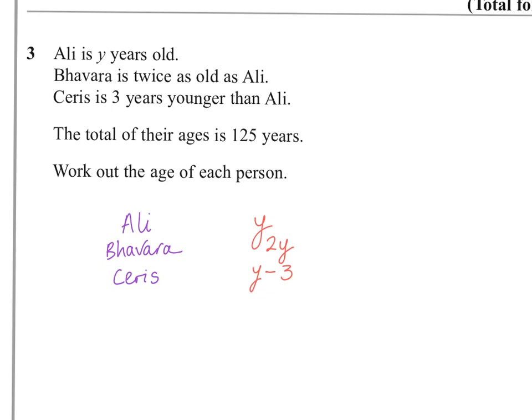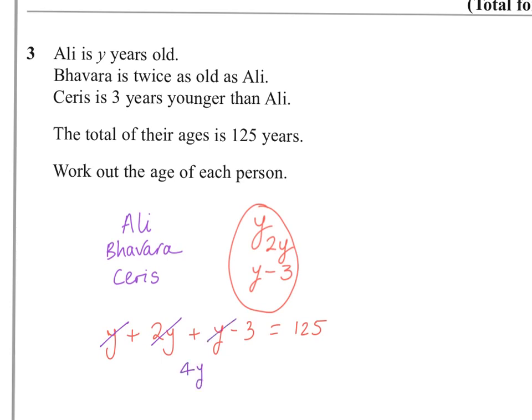It says the total of their ages is 125 years, and then you just got to work out the age of each person. Well, try and think a minute. If you've got all of these ages here, then you want the sum of these. So you'd have y plus 2y plus y minus 3 would be equal to 125. So we'd have 1y and 2y, that's 3y, and one more, that would be 4y, minus 3 is 125.